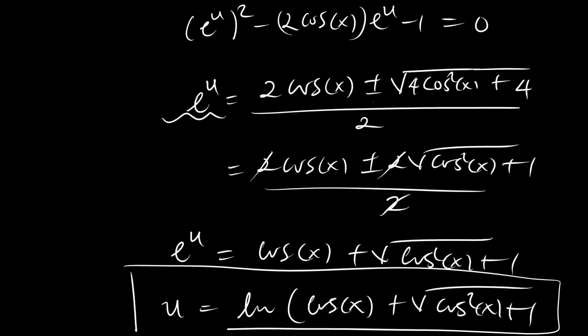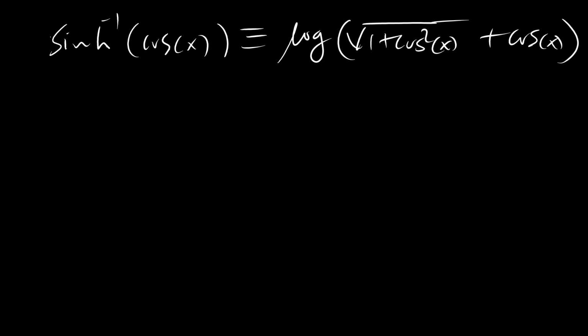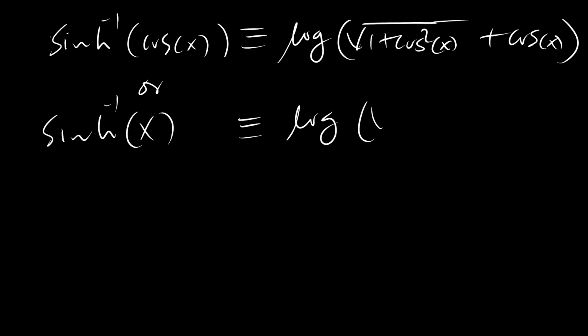Okay, and so this proves for us that arcsinh of cosine of x is equivalent to log of the square root of 1 plus cosine squared x plus cosine of x, or arcsinh of a function x is the same as log of the square root of 1 plus x squared plus x.